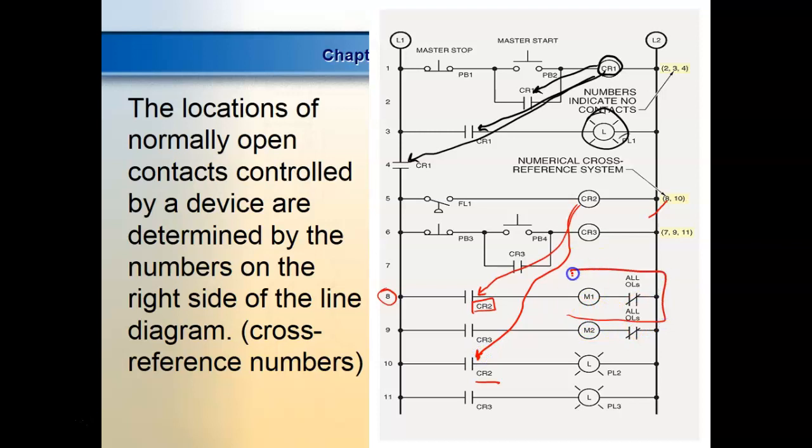Where are the contacts for that guy? The one in the rectangle, it says M1, the one they've drawn the big box around. Where are the contacts for that?